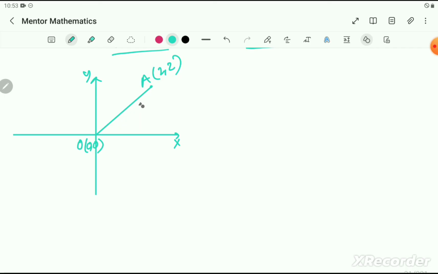Now the axis of this OA. Okay, so we can consider a midpoint here.